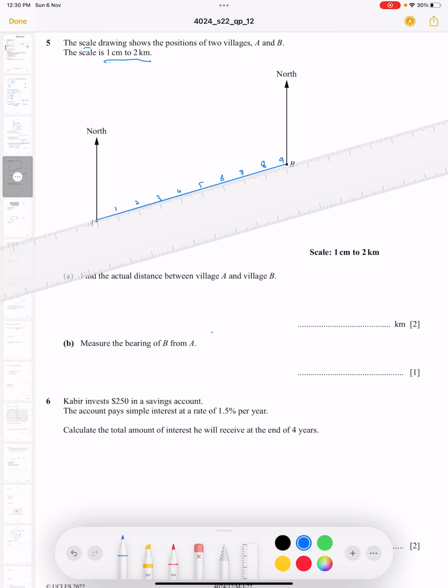So according to the scale, 9.1 centimeters must be equal to, as 1 centimeter represents 2 kilometers, 9.1 multiplied by 2 kilometers, which is 18.2 kilometers, right?